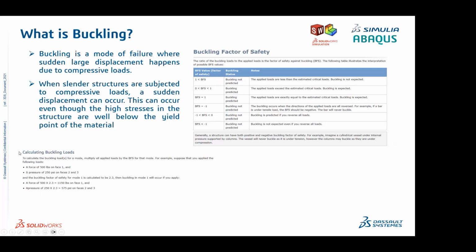So this is how you calculate. For example, if you have a force of 500 on the face, and you are getting a buckling load factor of 2.3, then 500 into 2.3, basically 1150 on the face, will become your critical buckling load, right?